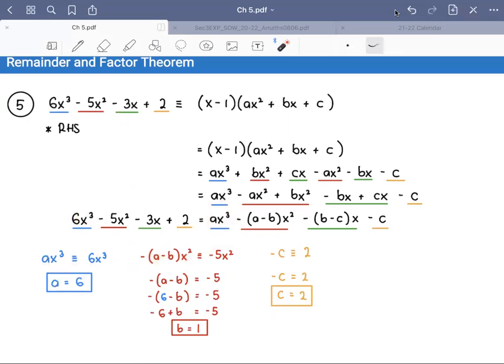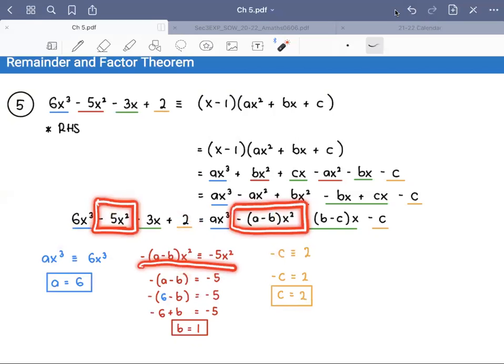So we're done with a, right? How about b? We can use this one to find the value of b. So again, how can we compare this to this expression here? Of course, we look for the x squared term. So this is equal to this, right? That's how I got this is equal to minus 5x squared.